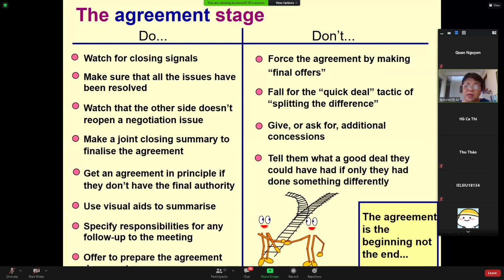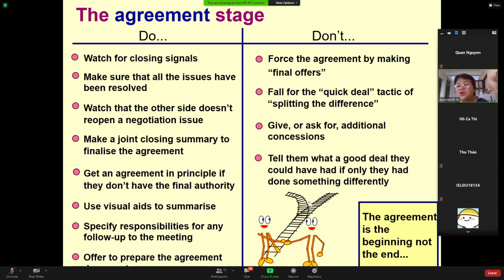And we use visual aids to summarize. We specify responsibility for any follow-up meeting and offer to prepare an agreement document. This is the summary we should do at the end of any negotiation meeting.